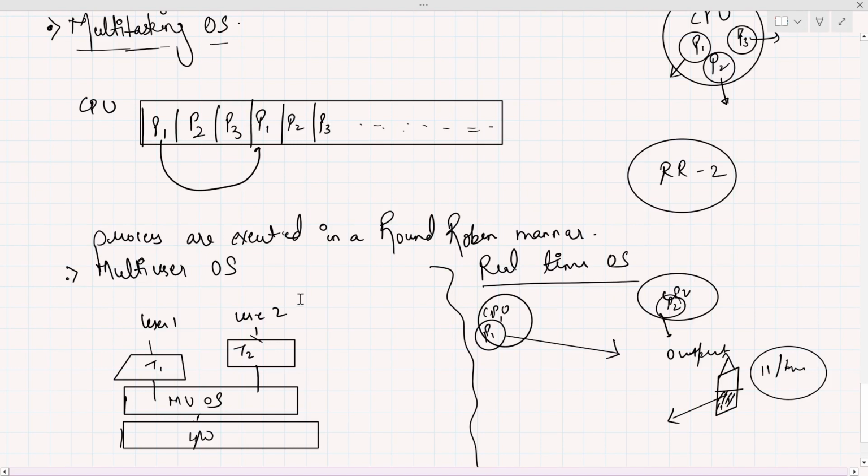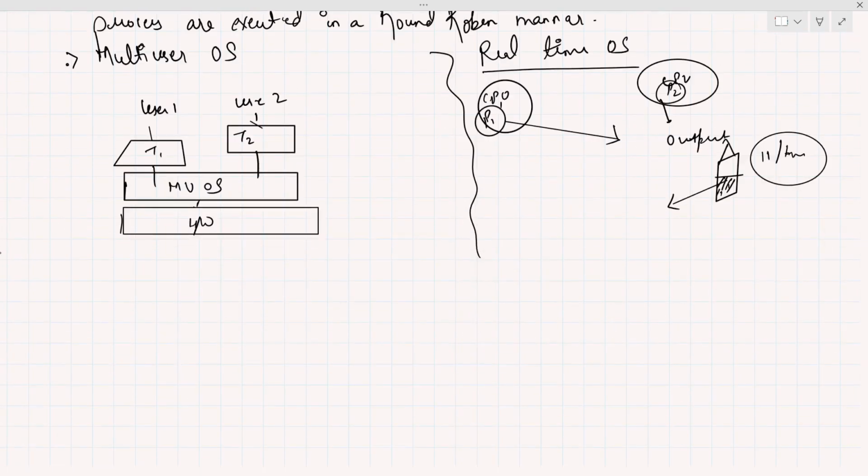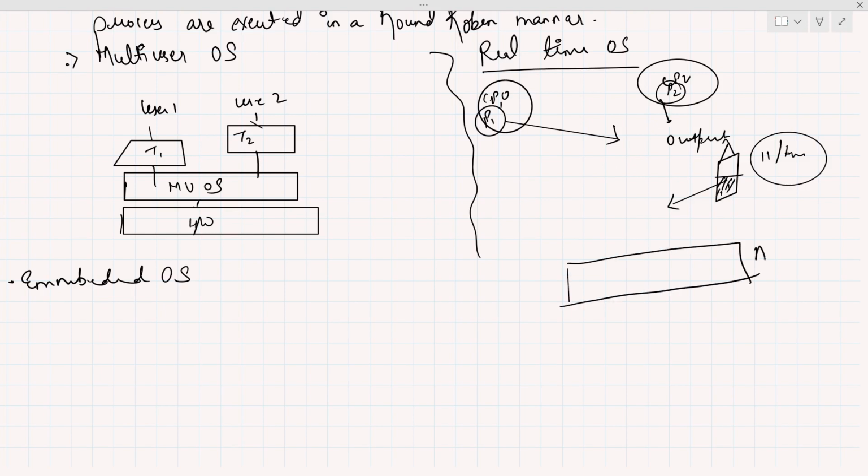Now we understand about two more operating systems, the first being the embedded operating system. What does this mean? It means that when an operating system is embedded in a system which allows it to attach with other devices, it is called an embedded operating system. For example, let's take an example of an AC.